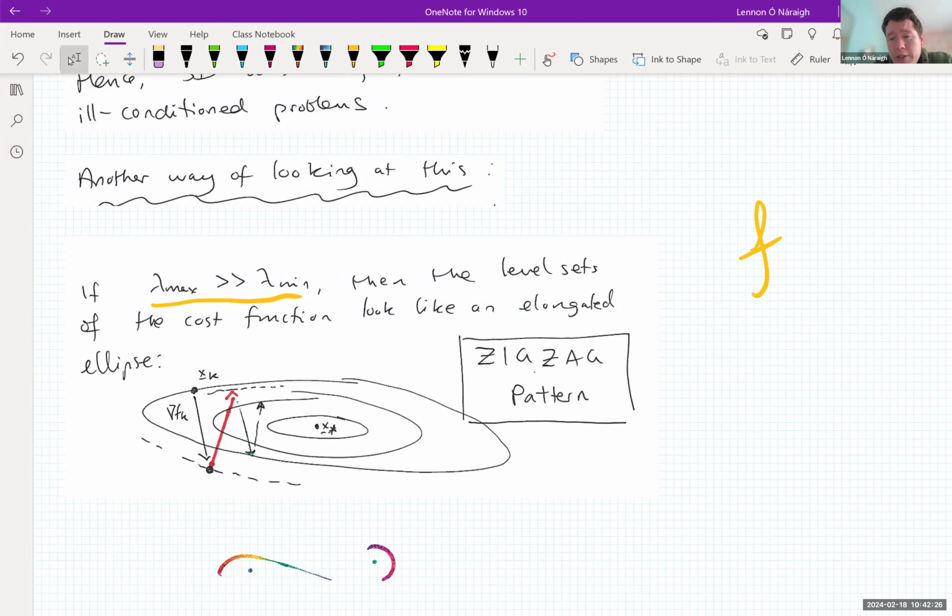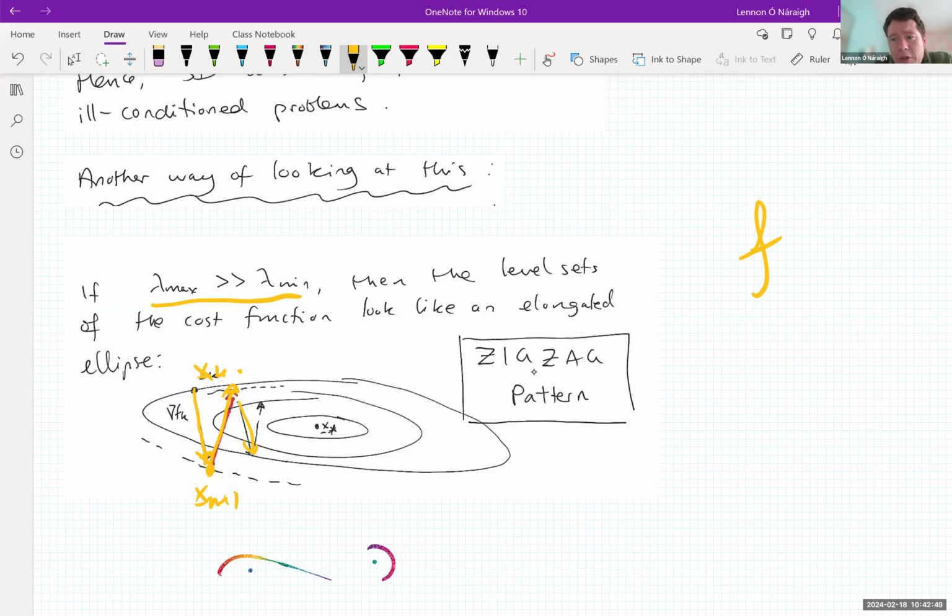So if it were a 2D problem, the level sets would be ellipses. And with the steepest descent method, you might be at some xk, and then you go along the direction of steepest descent, and you go out here to xk plus 1, and then you go again and again.